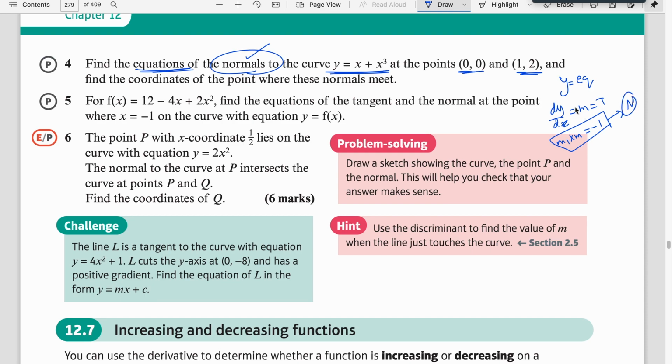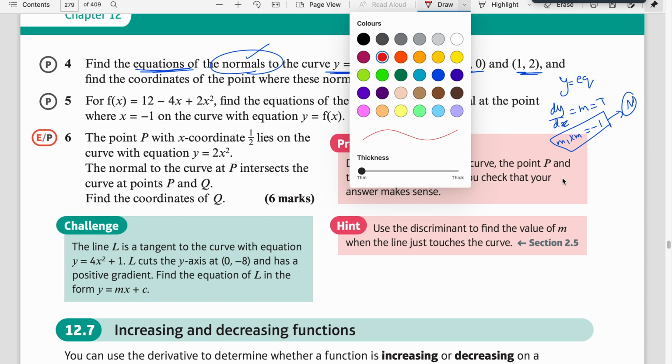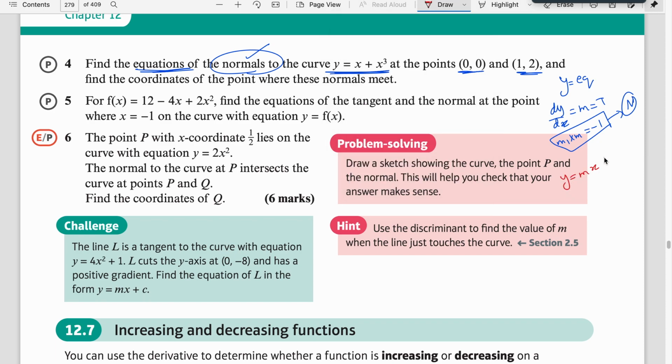Then it asks you the equation of a straight line, and for the equation of a straight line, y equals mx plus c. You need two things. You need the point, it comes from the question, to find c, and where do you get the gradient? If it is tangent, you get it from dy by dx. If it is normal, you get it from the second equation.